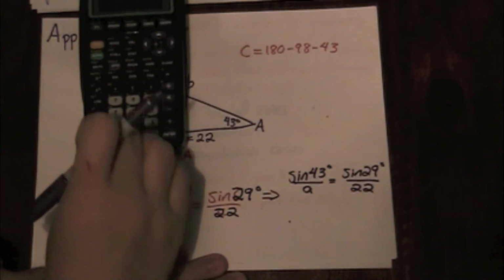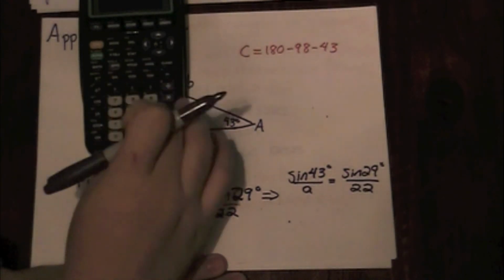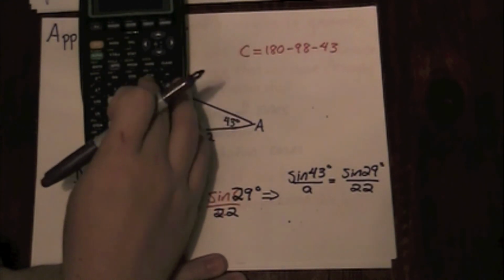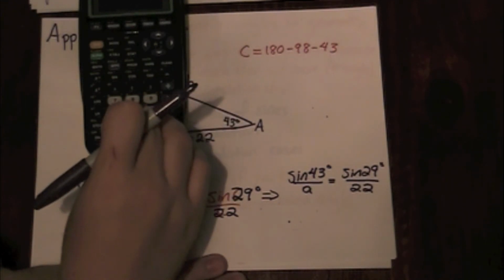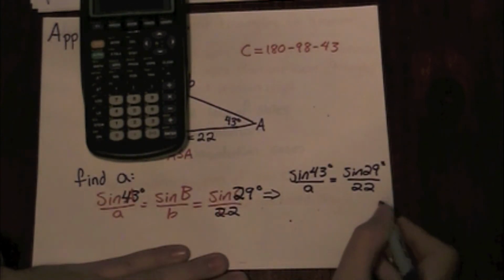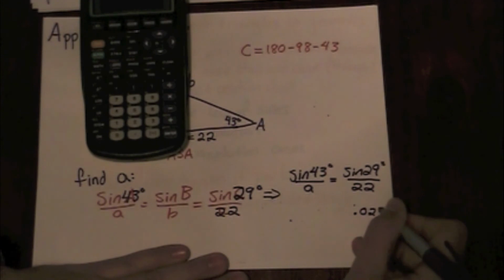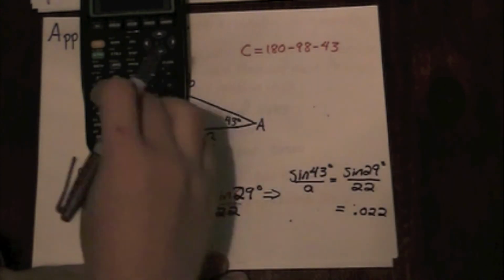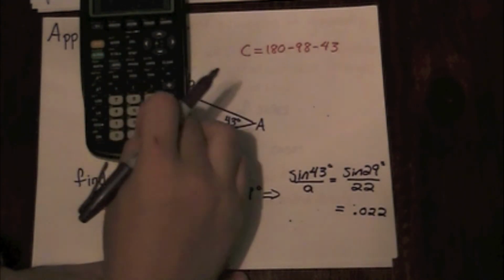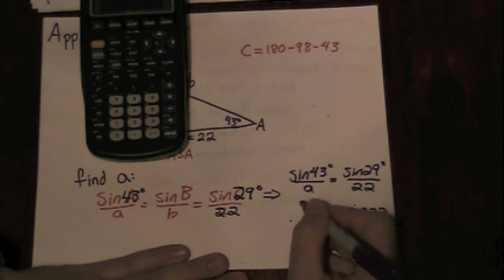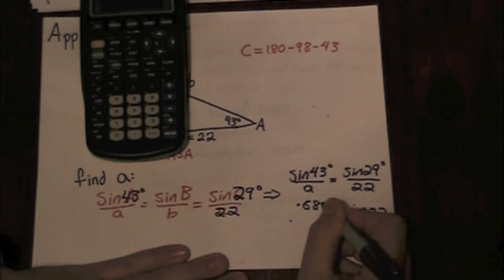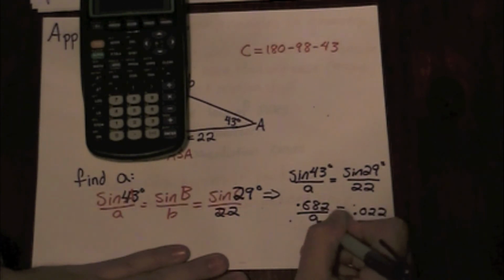Once again, we use our calculators to calculate these values. Sine 29, close parentheses, divided by 22 is going to be 0.022. Sine of 43 is going to give us 0.682 divided by a.